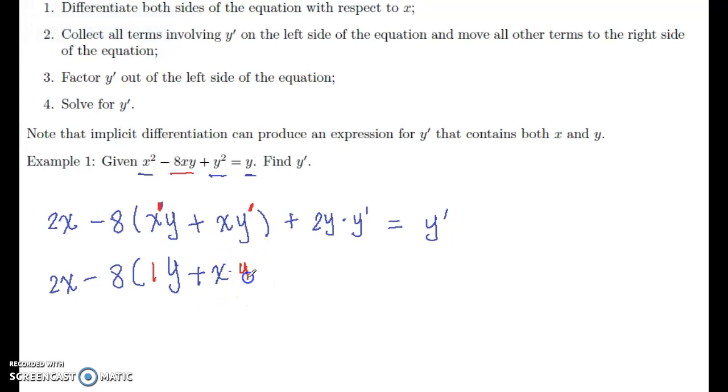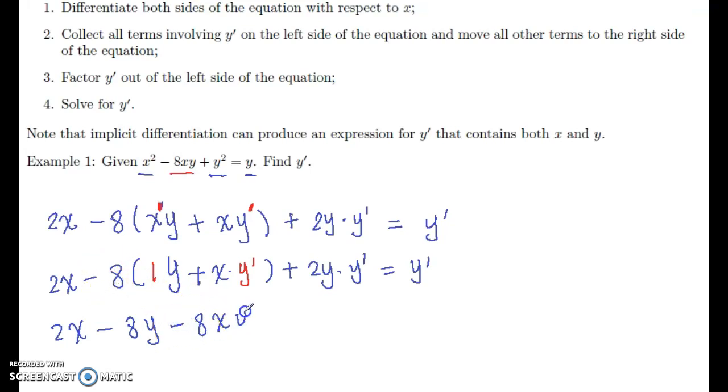The derivative of y is just y prime. Okay, so we're done with the product rule. So plus 2y times y prime equals y prime. So now we simplify: 2x, distribute the 8, so minus 8y. Distribute the negative 8. Okay, so minus 8x y prime plus 2y times y prime equals y prime.